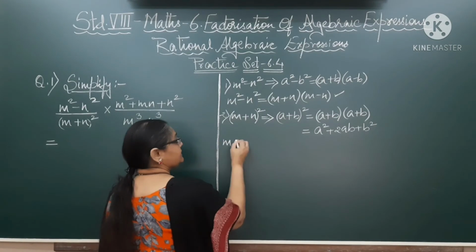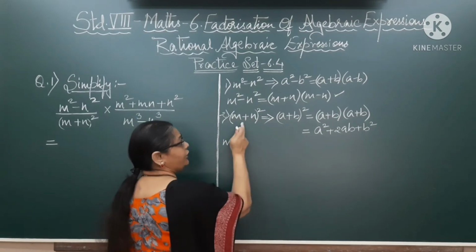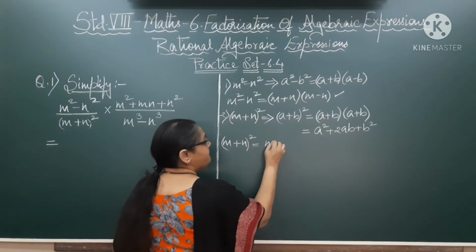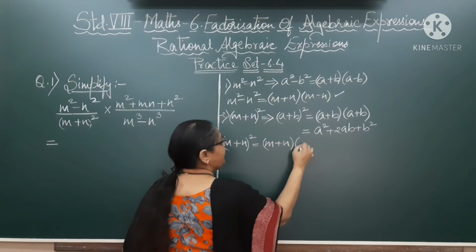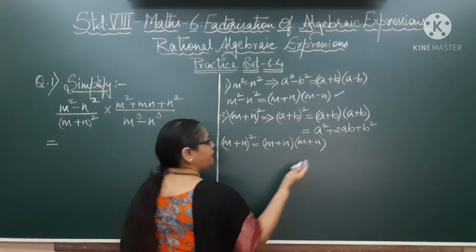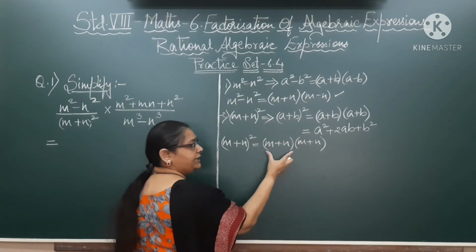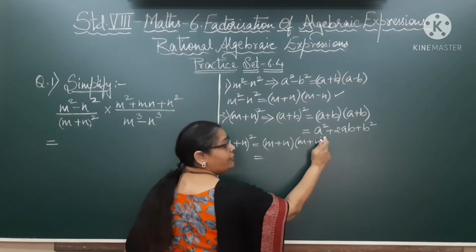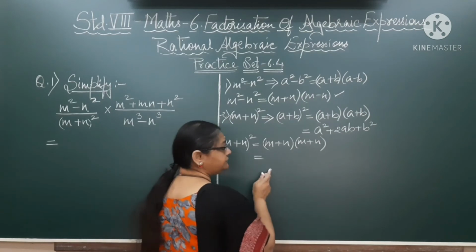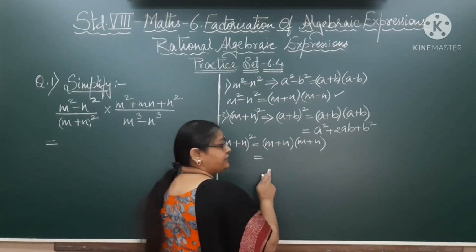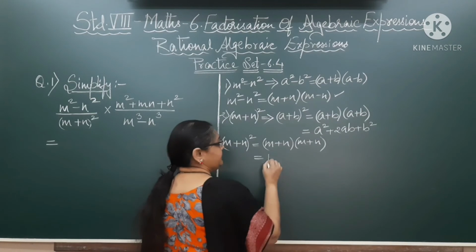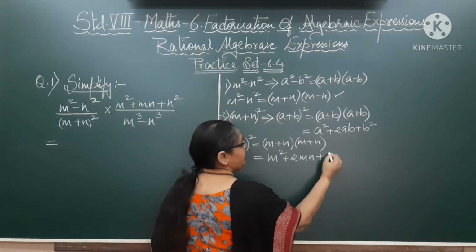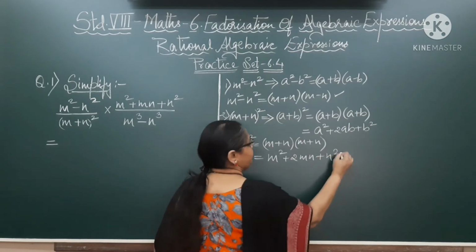So let me use the formula. We multiply a binomial with another binomial and get the expansion formula in this form, that is m square plus 2mn plus n square, right?